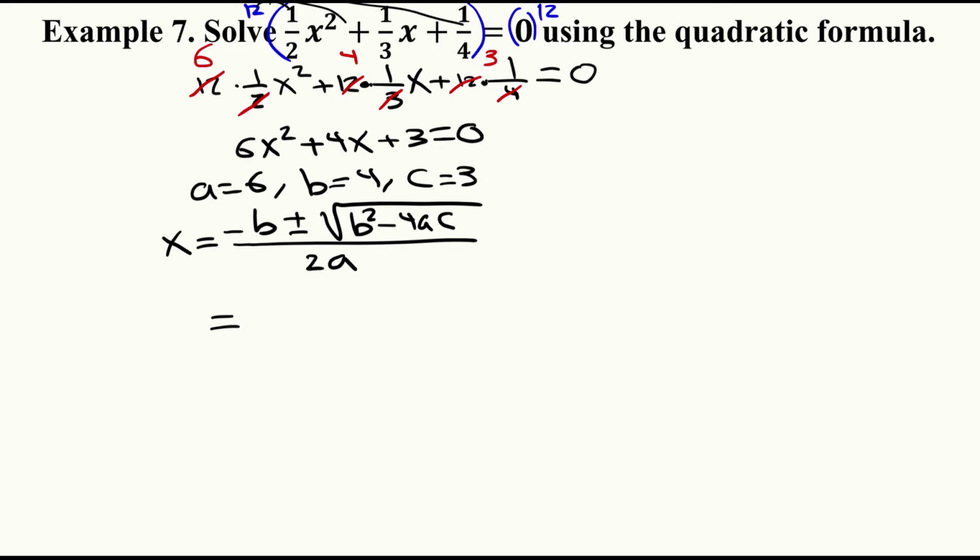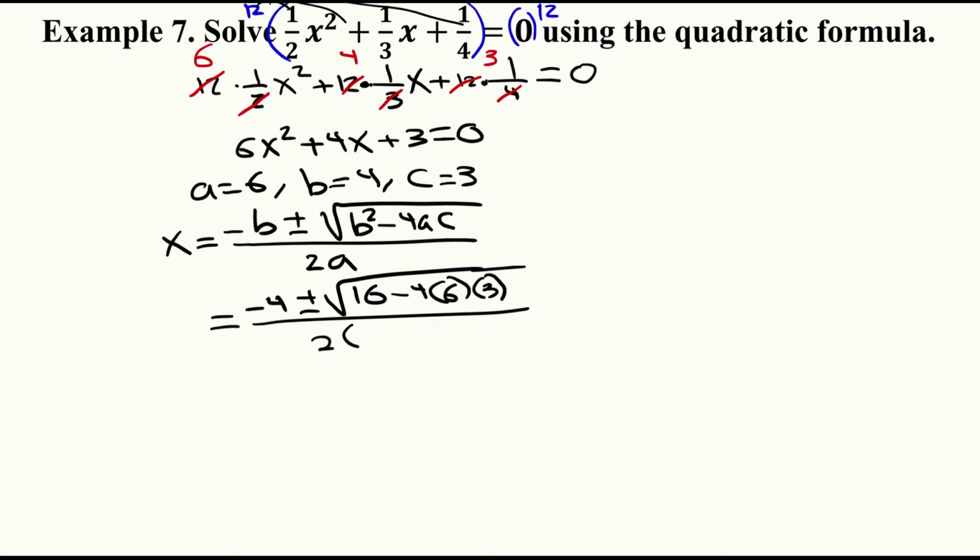So the opposite of b will be the opposite of 4, which is negative 4, plus or minus the square of b will be the square of 4, which is 16, minus 4 times a, which is 6, times c, which is 3, all over 2 times 6, which is a. All right, so we have negative 4 plus or minus square root of.